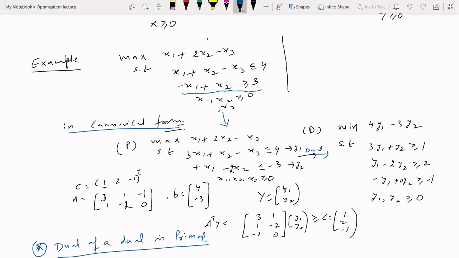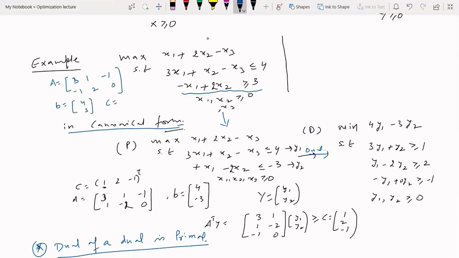If you note here, see, in this case, my A matrix is what? I changed it here, so it should be 3, and this should be 2. So my A matrix here is 3, 1, minus 1, minus 1, 2, 0. You can check my B matrix as 4, 3.